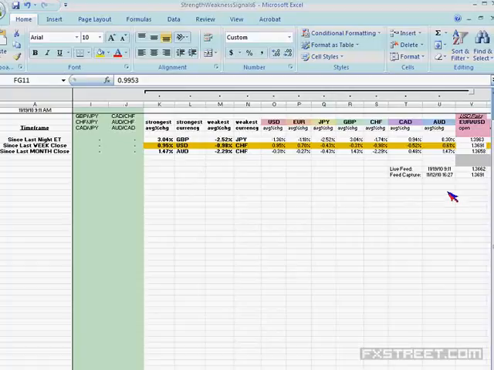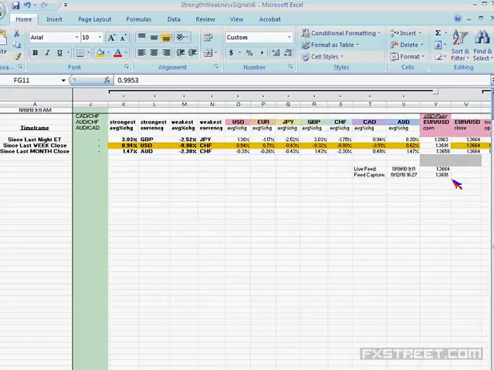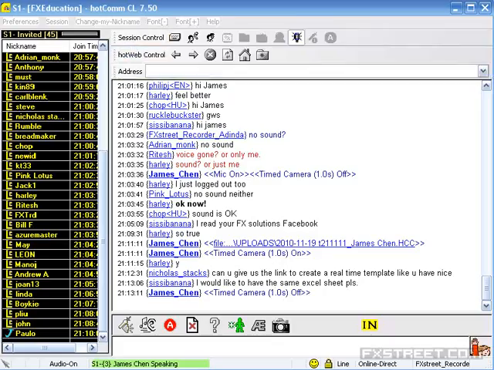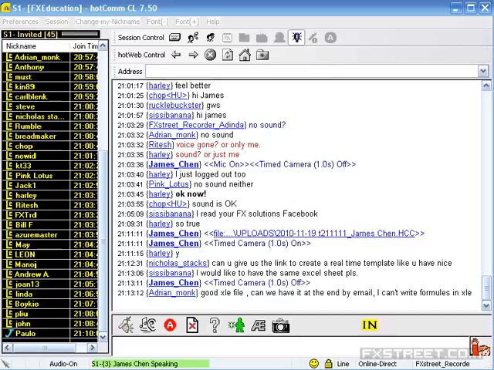I have a live feed right here, and I have a feed capture, so this is updating in real time on real-time pricing. If you need some help, let me know, and I'll try to do a webinar on exactly how to create something like this. Basically, you're just looking for what's strongest against what's weakest.